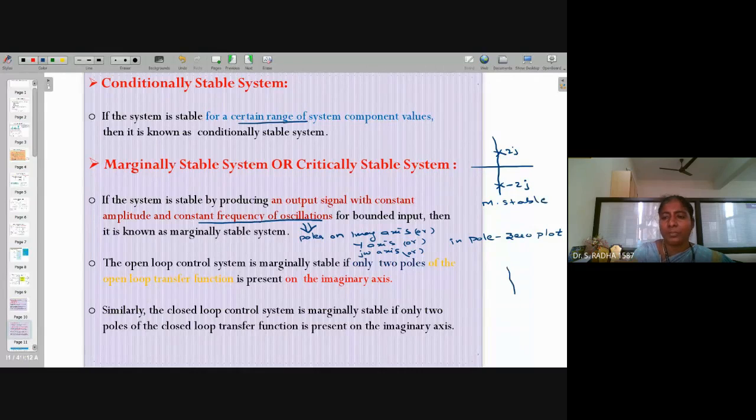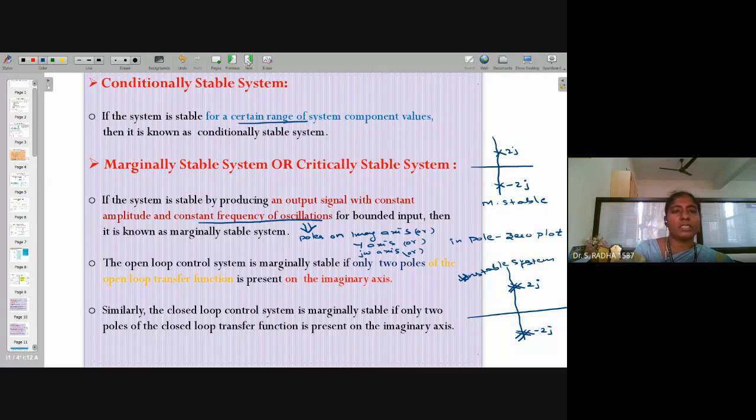But if I have repeated poles at the same location, which means plus 2j, plus 2j, two times, and minus 2j, minus 2j, two times, then it is an unstable system. Repeated poles on the y-axis at the same location make it an unstable system.